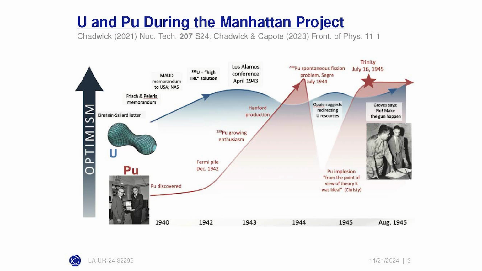It makes a lot of alphas and spontaneously fissions as well. So optimism dropped. It was a bad few months for plutonium there. Later, people realized that with the implosion method, we can use plutonium for these kinds of devices. And so plutonium skyrocketed back up until the Trinity test on July 16th, 1945, and the rest is history.